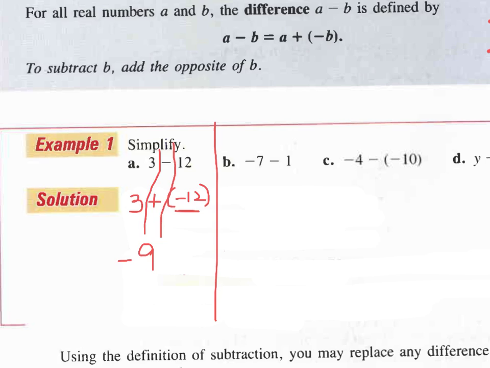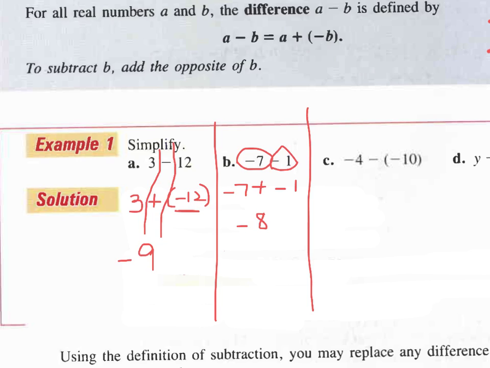Over here, again, if I think of this as keep, change, flip, I'm really adding two negative numbers, so I get negative 8. Now, if you can just look at this and see, wait a minute, I have a negative 7 and a negative 1, and I'm going to combine them, and then I'm left with negative 8.